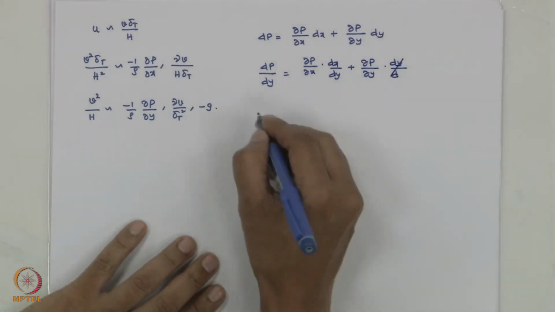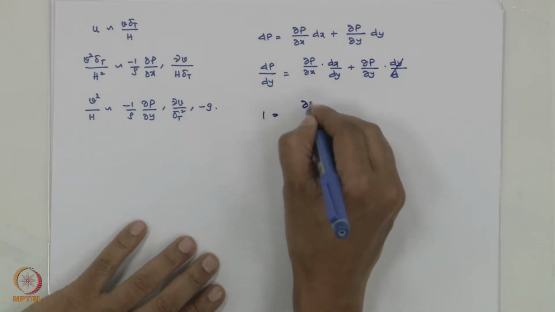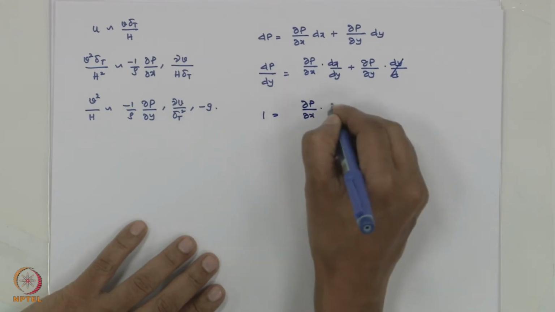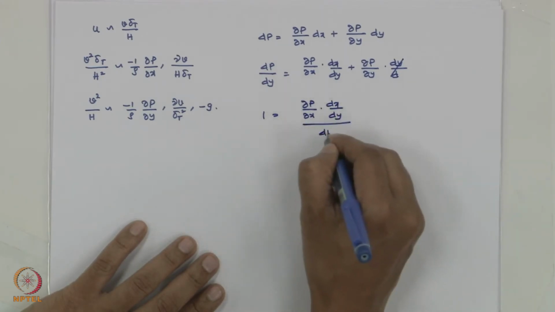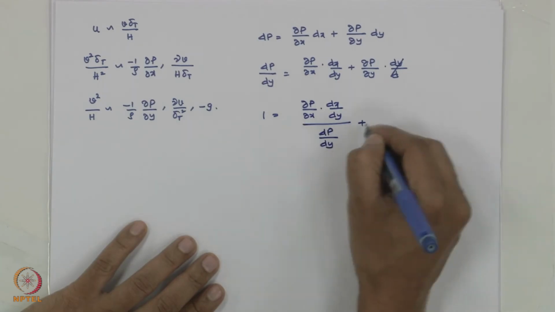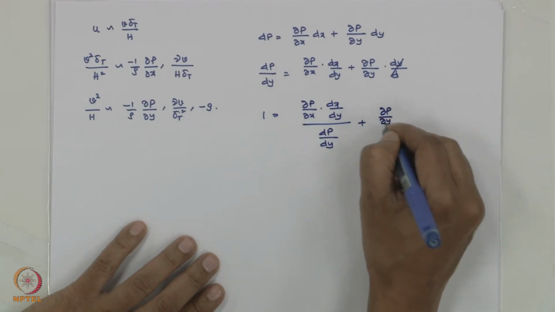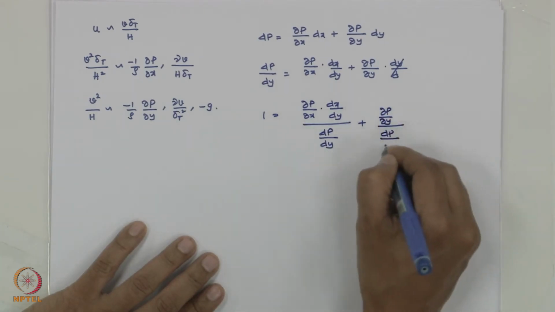So you divide throughout by dp by dy, you get del p by del x into dx by dy upon dp by dy plus del p by del y upon dp by dy.